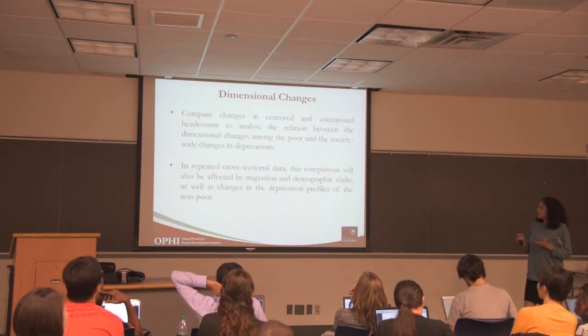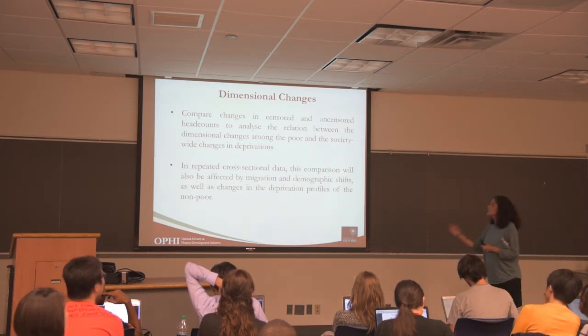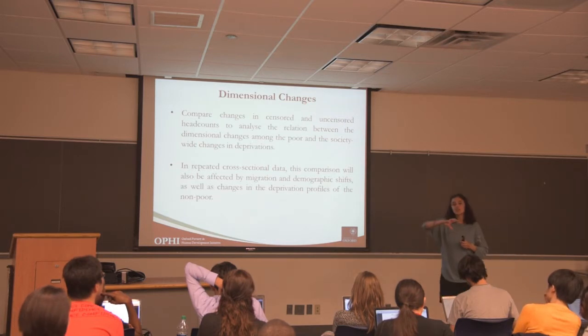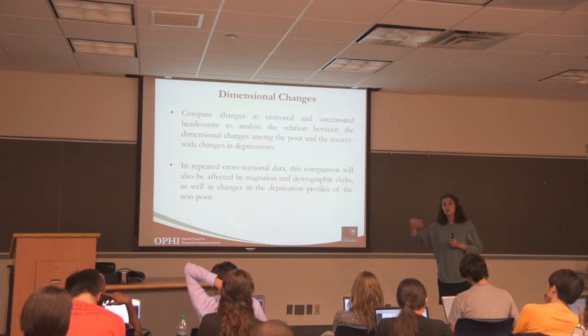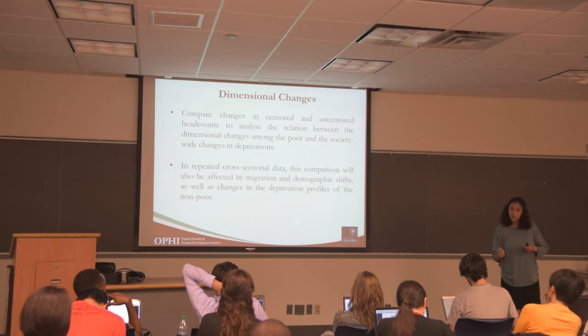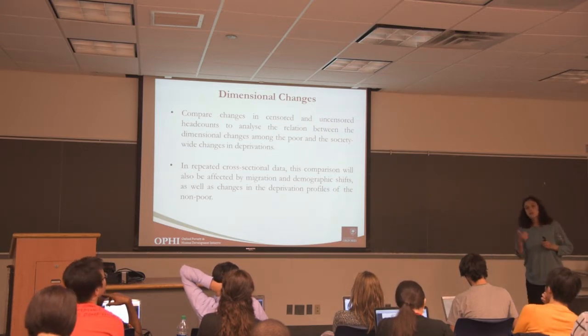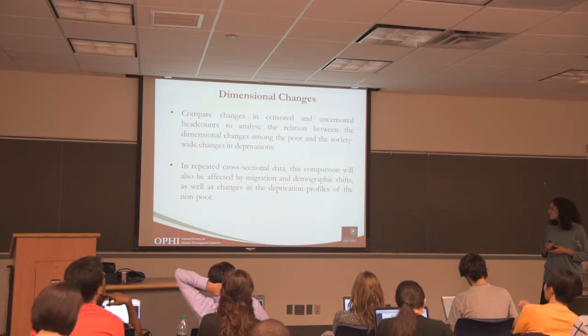So that's the main goal that I wanted to show: when you should look at both. You should compare the change in the deprivations of the society as well as among the poor. When you look at the poor, are you seeing real improvements on those deprivations, or are you just seeing a movement of people getting out of poverty who remain deprived in those indicators?